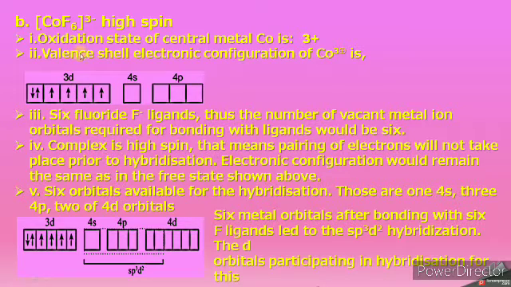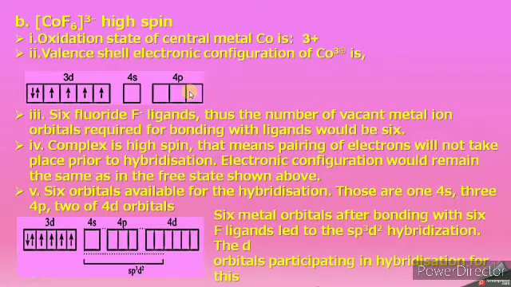Now there are 6 fluoride ion in your complex which acts as a ligand. So thus the number of vacant metal ion orbital required for bonding with this fluoride ligand would be 6. But if you observe this electronic configuration, there are only 4 vacant orbital from outer shell, that is 4th shell.